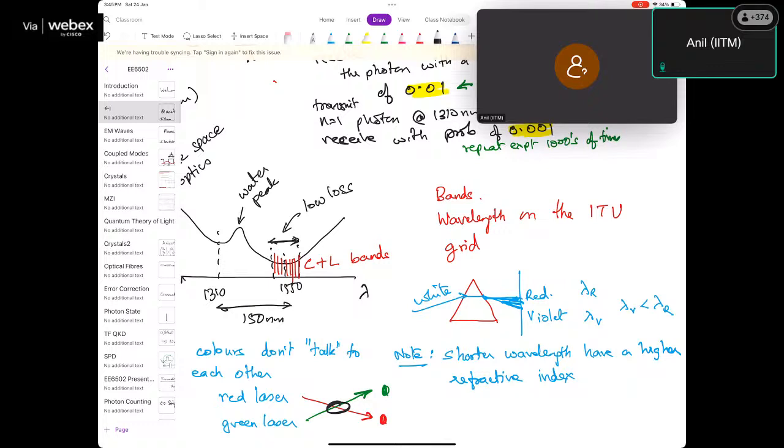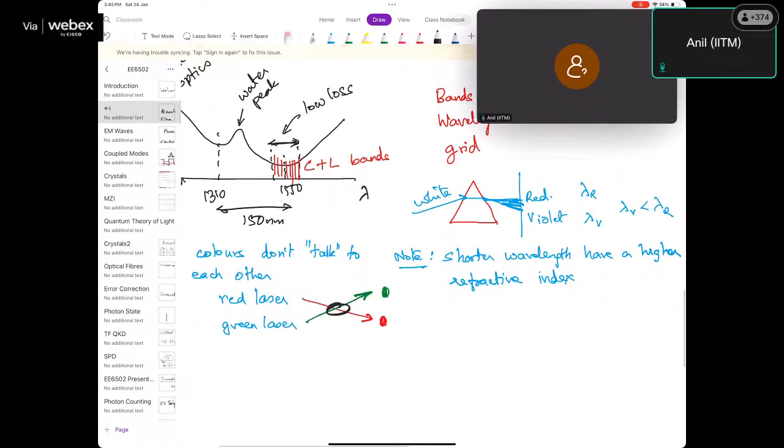Right? I can go further and say I will take a red laser and I will take a green laser and put it on top of the red laser. And what I will see is a red spot and on top of that a green spot. They don't talk to each other.